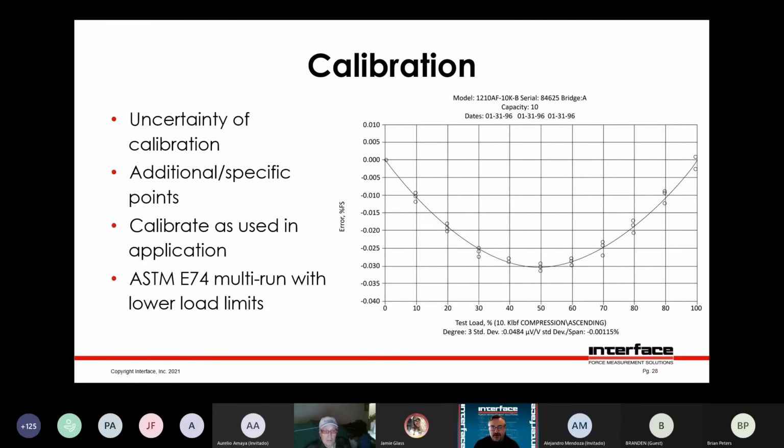You can do special points. If you're going to be using a load cell at 30% of its capacity mostly, and you're really interested in measurements around there, we could calibrate it to 30%, for example. You could take extra points down in that area. A lot of things can be done that would potentially improve the measurement if we know that that's what is required. Again, calibrate as used in the application. If you have some funny fixtures, or if you're doing something kind of unique, it might make sense to try and calibrate it in situ instead of having the load cell calibrated independently, because the mechanical connections can have an impact.